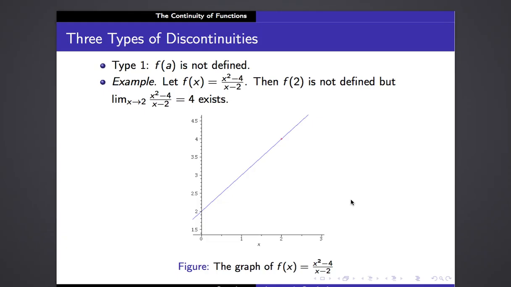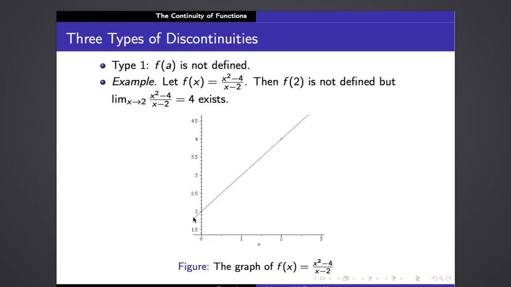However, the limit of x squared minus 4 over x minus 2 when x approaches 2 equals 4. That exists. We did calculate this by factoring x squared minus 4.